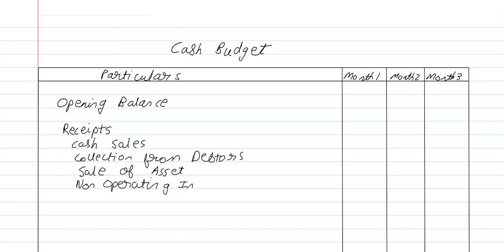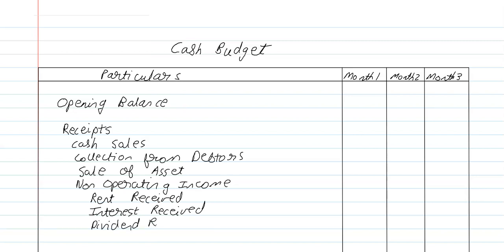income. And the kind of stuff you can expect under non-operating income is like rent received, interest received, dividend received, also perhaps any refunds received, income tax refunds maybe.